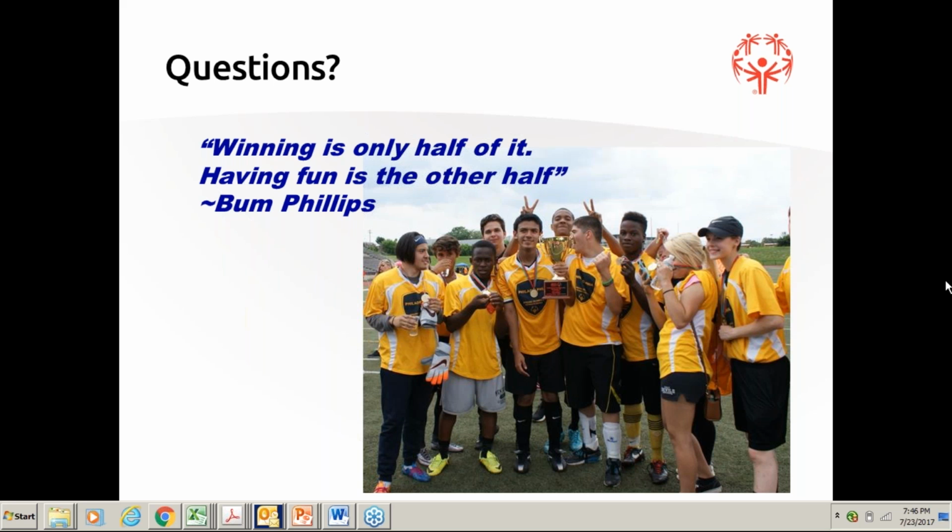So basically all levels of soccer, 5v5, 7v7, and is 11v11 a qualifier? 11v11 has not been a qualifier. So it's very similar to how 5v5 has been treated in the past. So 5v5 and 7v7 this year are qualifiers. Correct.